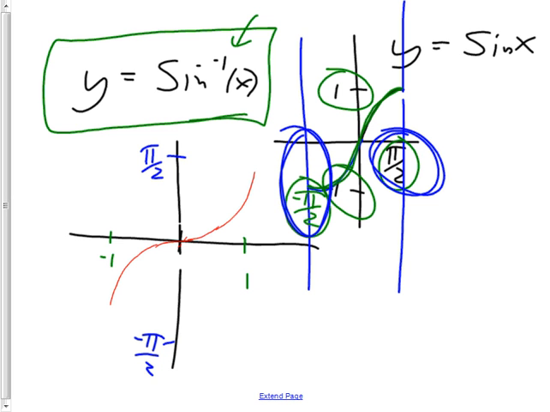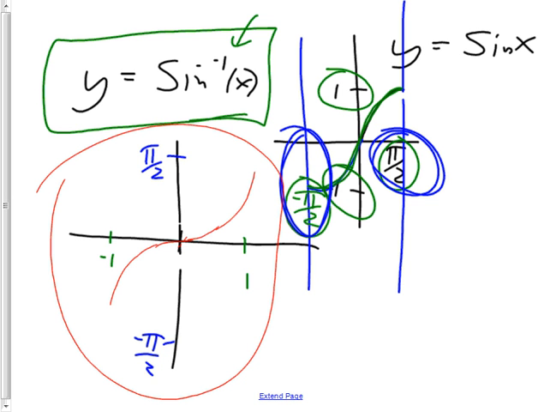So now that I've got this done, here's my graph of inverse sine. What is the domain of inverse sine? -1 to 1. Notice that was the range of regular sine. You know, on regular sine, it goes from -1 to 1. The range of regular sine becomes the domain of inverse sine.